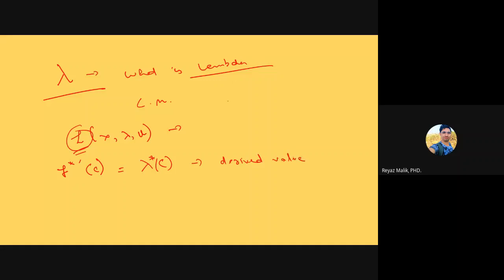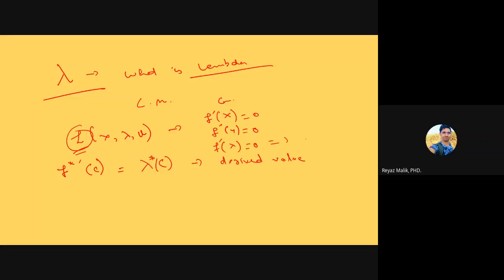When we have three functions, when we differentiate any composite function with respect to x, then put f prime x equal to 0, f prime y equal to 0, then f prime lambda equal to 0.